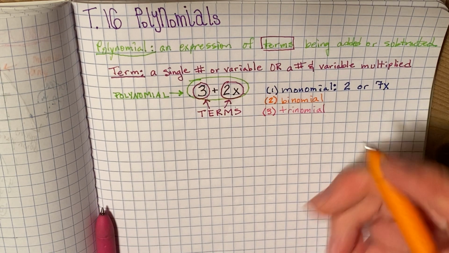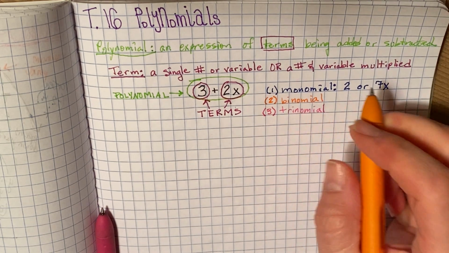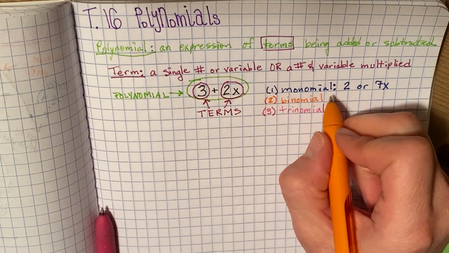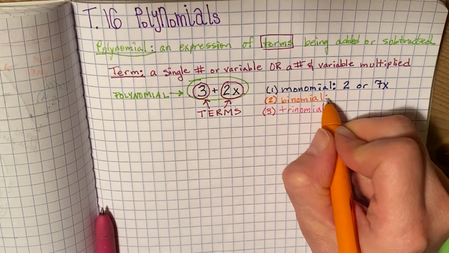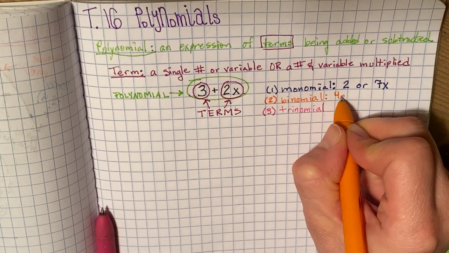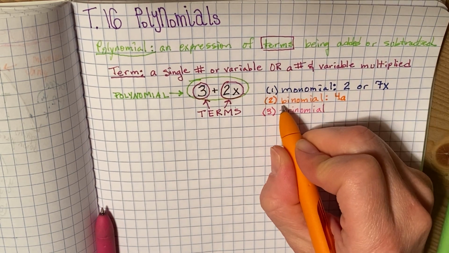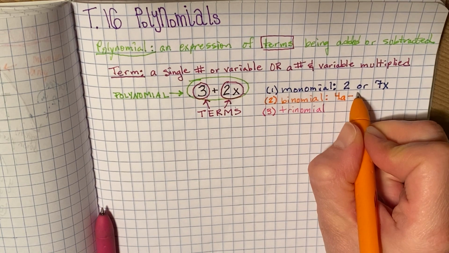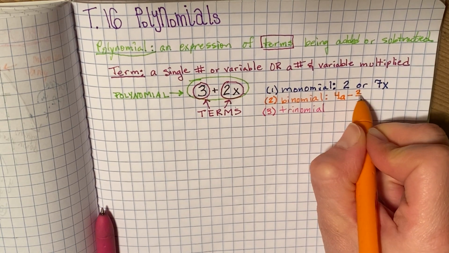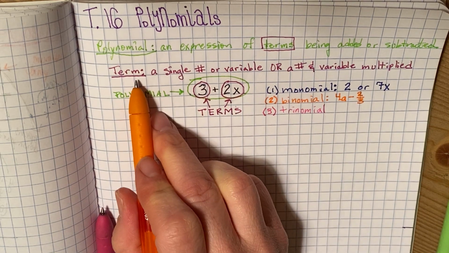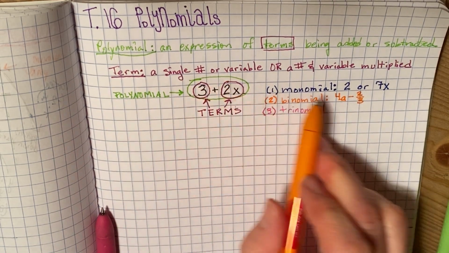All right, so a binomial would be 2 terms, right? So we could have something like 4a, right? There's one single term, but we need 2 terms for a binomial. So 4a minus 2/3. This is a number, okay, right? A term is a single number or a variable.